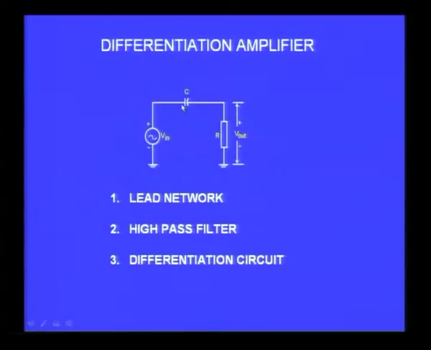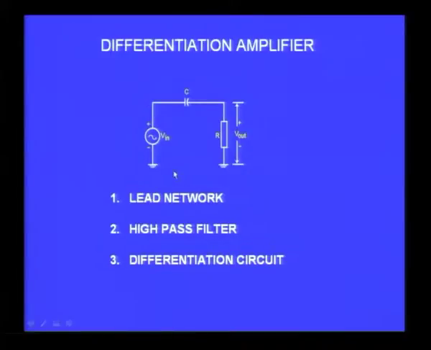But when the frequency is very low, very close to DC, the reactance offered by the capacitance will be very large, and therefore only a very small amount of voltage will be able to pass through. So it passes the high frequency component and does not pass the low frequency component close to DC. That is why this is called a high pass filter. High frequencies will be passed through this filter.